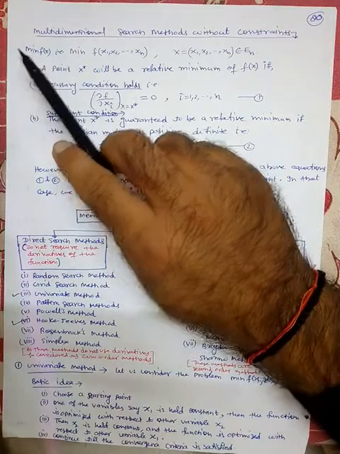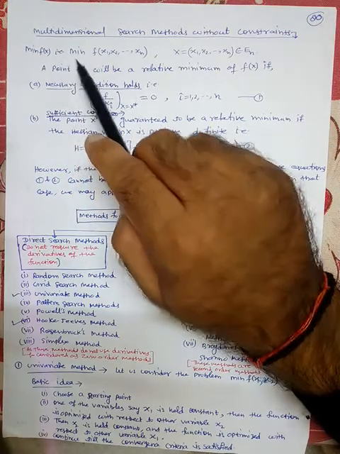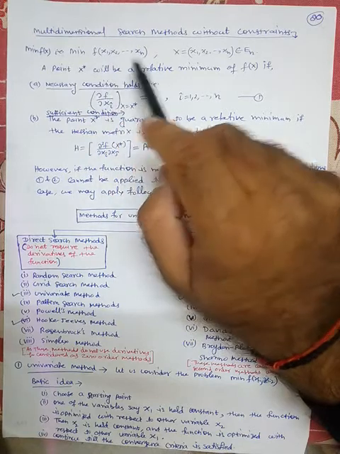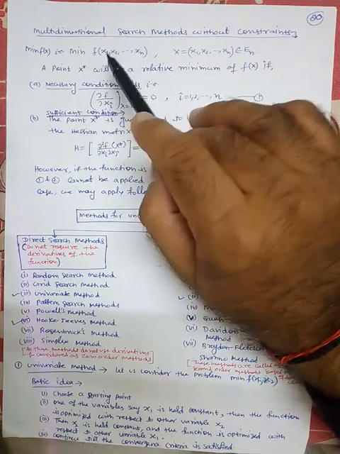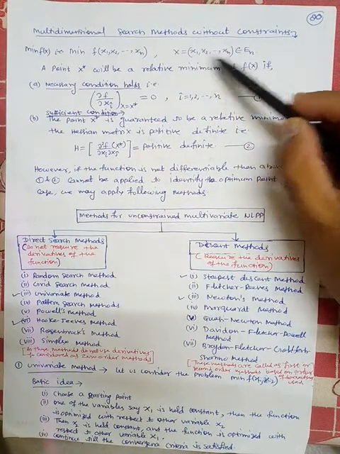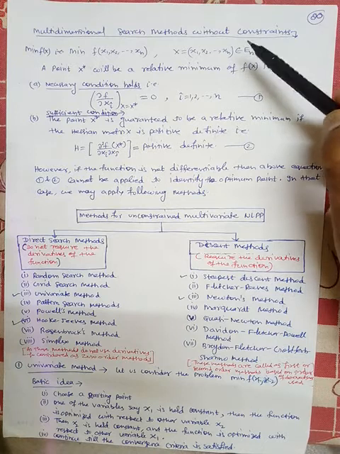So the problem is minimum of f of x, that means minimum of f of x1, x2, ..., xn, an n dimensional problem without any constraint. Here x is in n dimension, x1, x2, ..., xn belongs to En, Euclidean space.